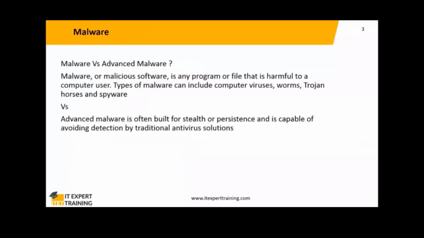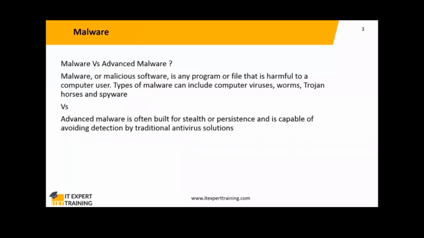So now going to malware and advanced malware. What is malware, a malicious software? Any file or program that is harmful to the endpoint computer or user devices, that we call malware or malicious software, right?